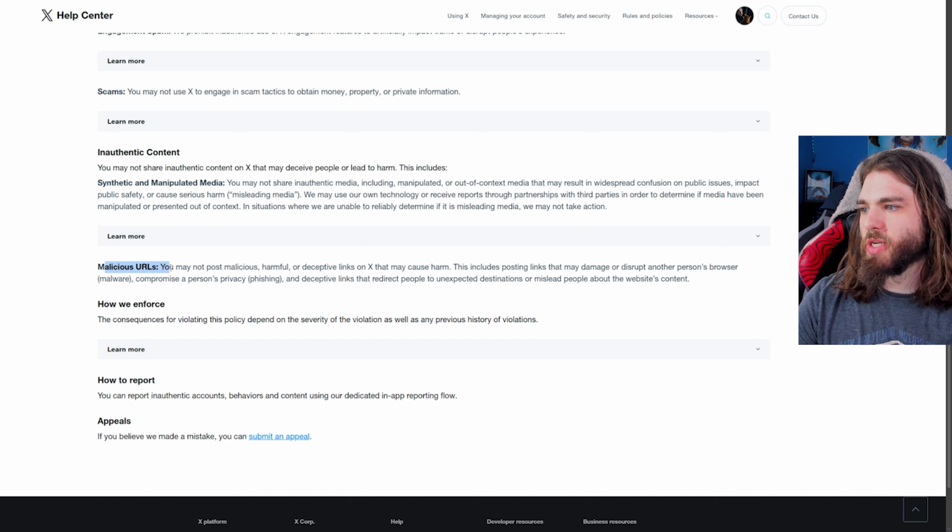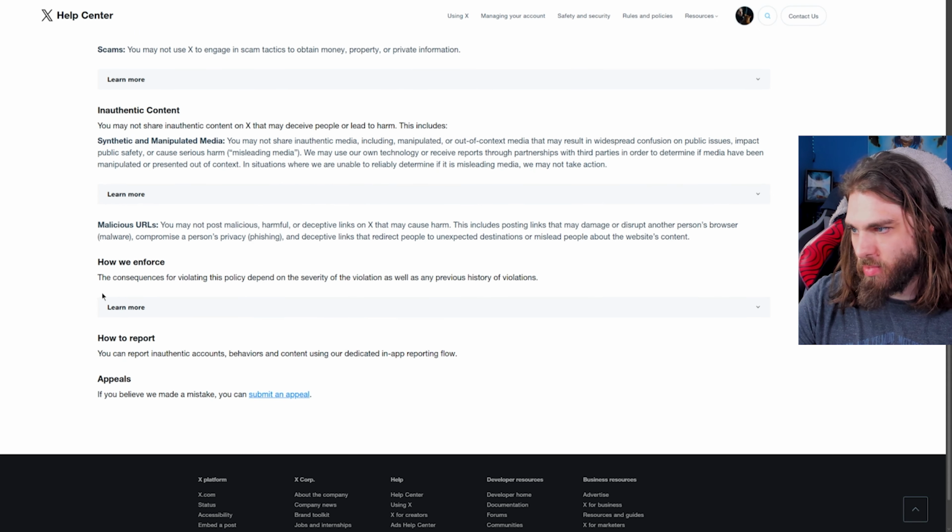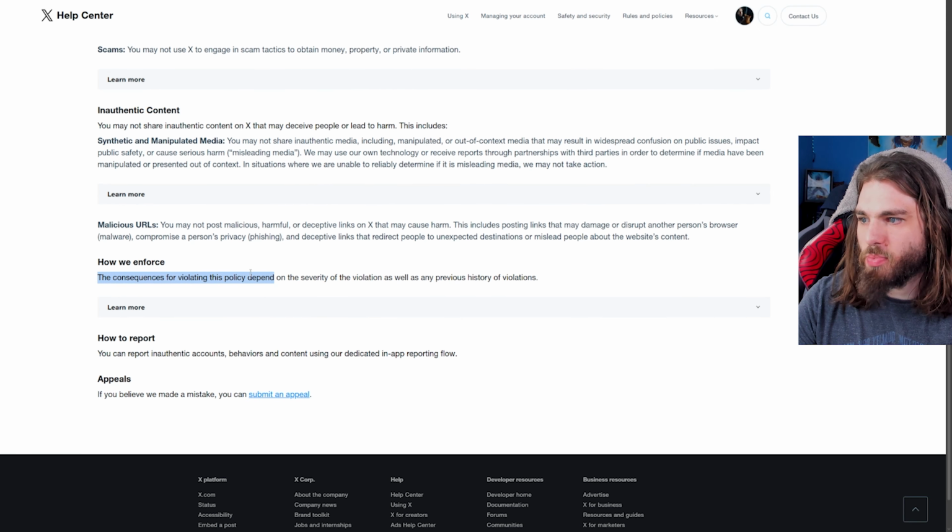I mean, we've all seen some things that turn out to be wrong or false or fake eventually, right? And then you probably get a notification like, yo, this post has been community noted, check it out, right? And then, oh well, turns out this headline was fake or something like that, right? Okay, malicious URLs, I don't even need to explain that. And then the consequence of violating this policy depends on the severity of the violation as well as any previous history of violations.